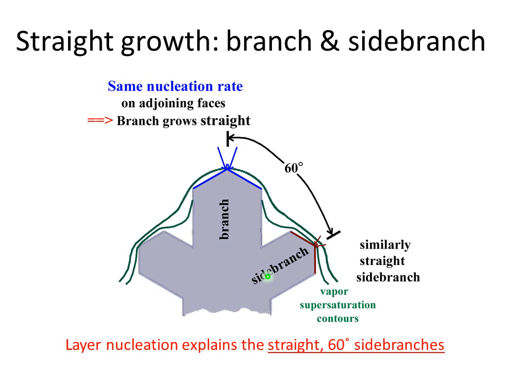And roughly the same applies to the side branch, except it grows into a likely asymmetric vapor density region. So a side branch might have one side that's a little thicker than the other, but it grows straight and it grows at 60 degrees to the tip.